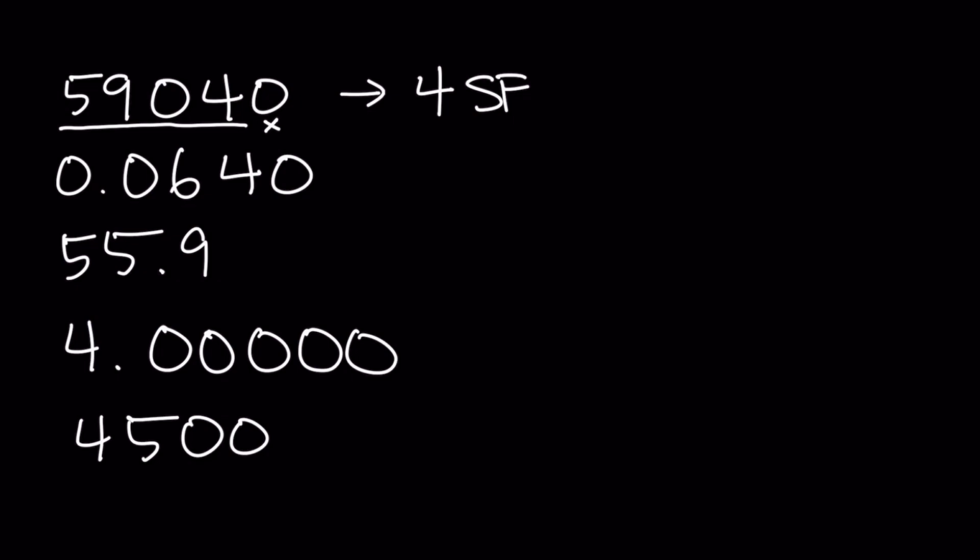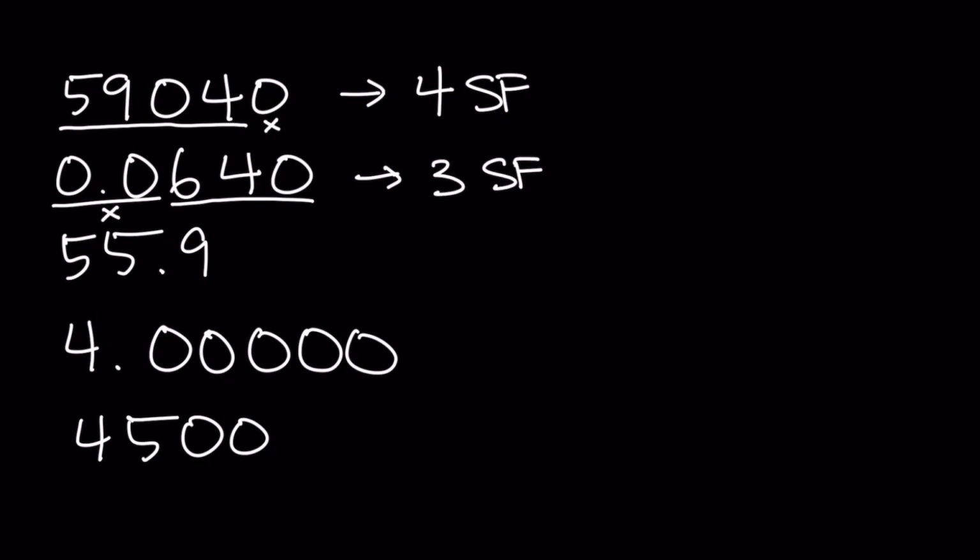For 0.0640, we ignore the leading zeros and start counting from after the first non-zero digit. So this number has 3 significant figures.